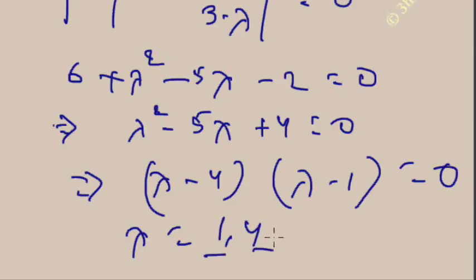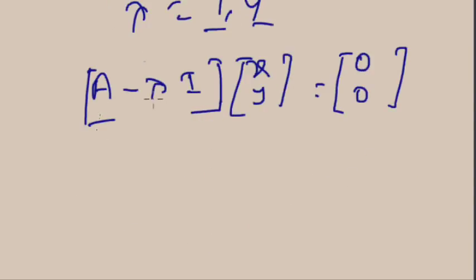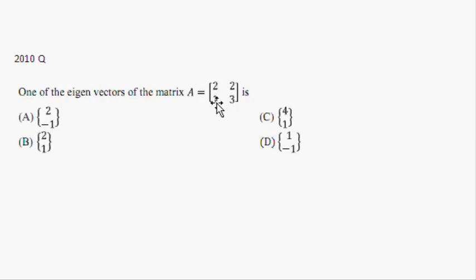Lambda 1 is equal to 1, lambda 2 is equal to 4. The first eigenvector can be calculated by lambda equal to 1, and the second eigenvector can be calculated by putting lambda equal to 4. I am first trying to find the first eigenvector with lambda equal to 1. So A minus lambda I multiplied by x y is 0 0. When you put lambda equal to 1, 2 minus 1 is 1, 3 minus 1 is 2.